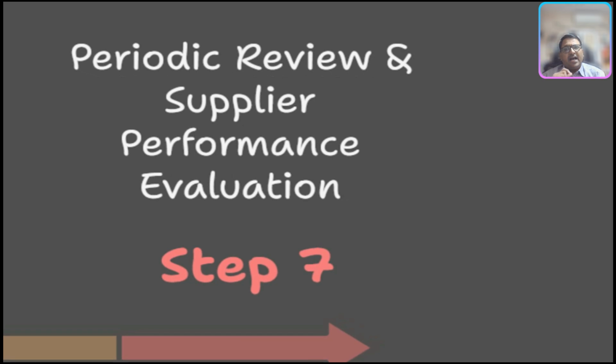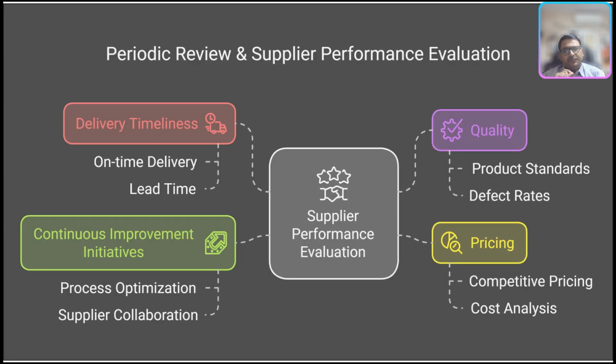And coming to our last step, which is periodic review and supplier performance evaluation, which is step 7. Supplier performance is evaluated by various methods. One is the delivery timelines, quality, pricing, and continuous improvement initiatives. At the end of the day, we need to check whether the supplier is giving us the best quality at the best price at the best possible timelines.